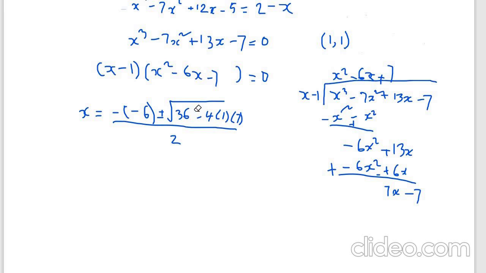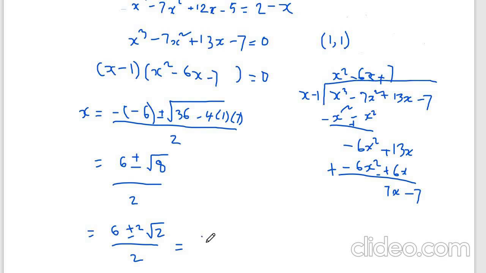Sorry, it's not a square here. So it's going to end up as 6 plus minus square root of 8. And square root of 8 is 2 root 2. And so this is going to be 3 plus minus square root of 2.